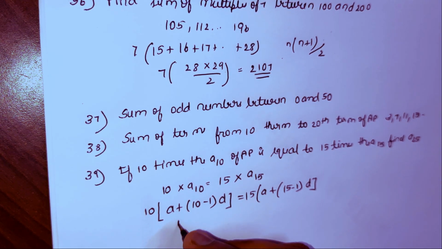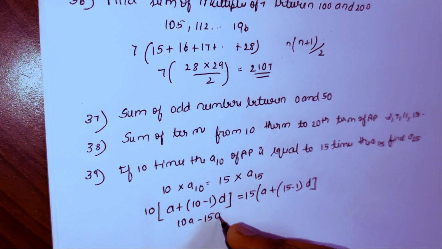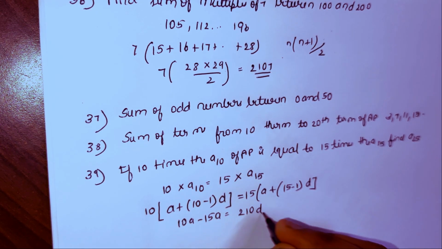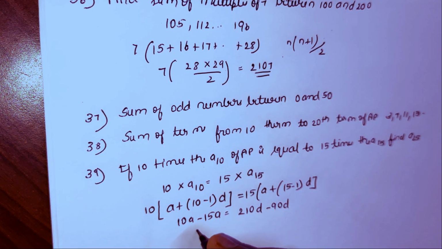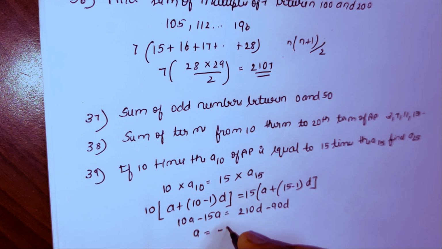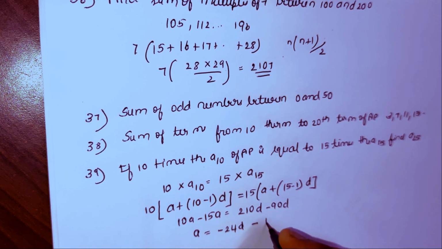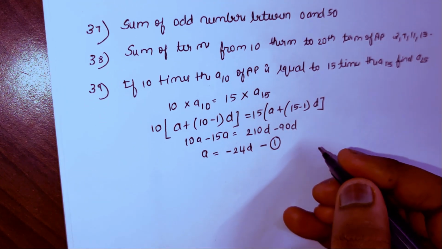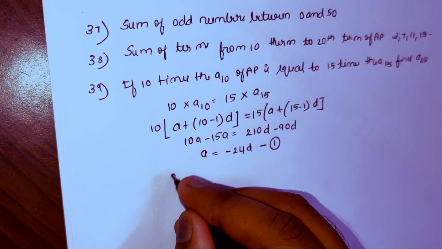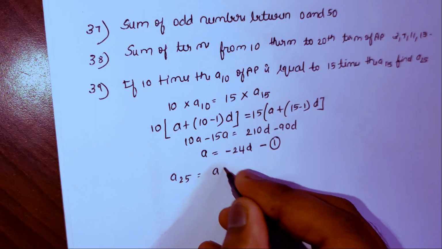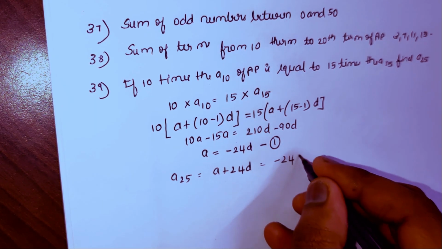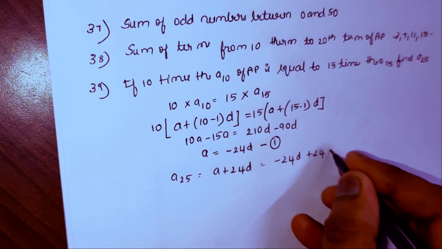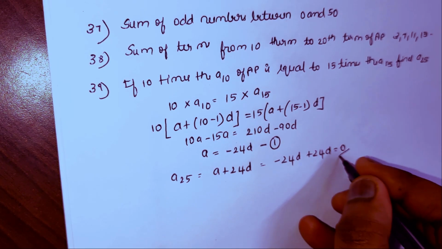We will get 10a minus 15a is equal to 210d minus 90d. We will get the value of a, that is minus 24d. Consider that as the first equation. A25 we know, that is a plus 24d. Value of a is minus 24d plus 24d, that is equal to 0.